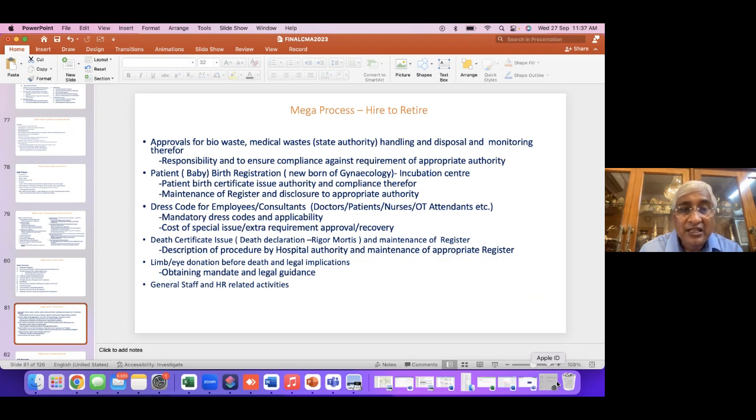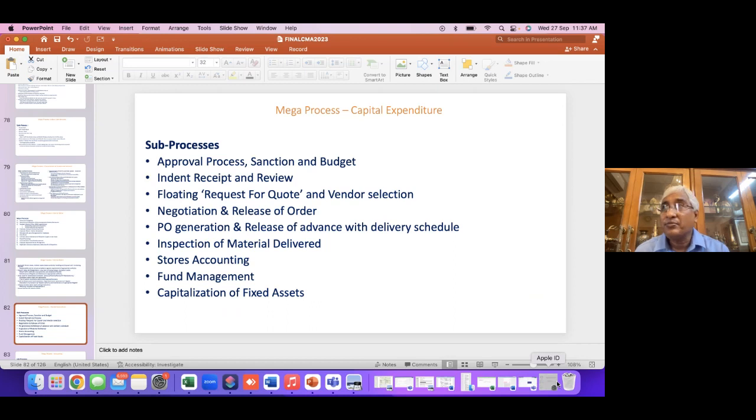And again, general staff and HR related activities to maintain industrial peace, harmony, and good relationships among staff, doctors, nurses, and patients. That is a big challenge for hospitals, because over very small issues there may be quarrels, there may be problems with the nurses and doctors. That has to be kept at as low a level as possible.